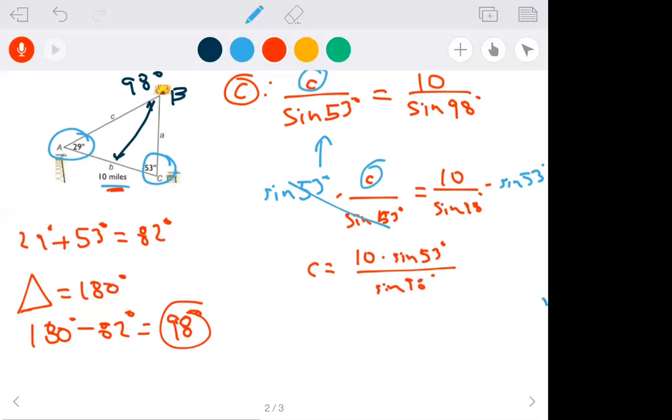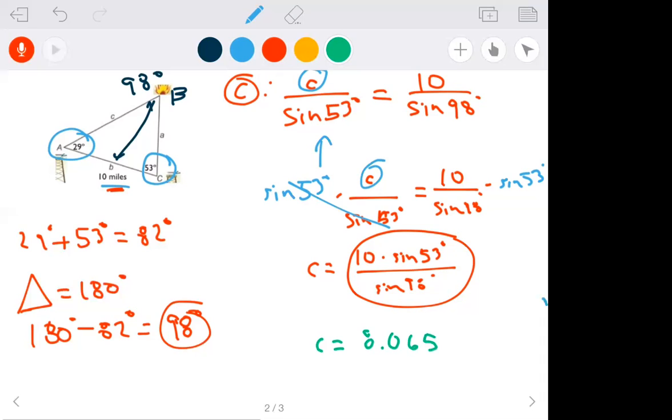And now I'm going to pull out my TI-83 calculator, and I'm just going to literally type this into my calculator, and it's going to give me my answer. Make sure your calculator is in degree mode, and you should be set. So 10 times the sine of 53 gives me 7.986. We're going to divide that number by the sine of 98 degrees, and I get 8.0648, which we can round.